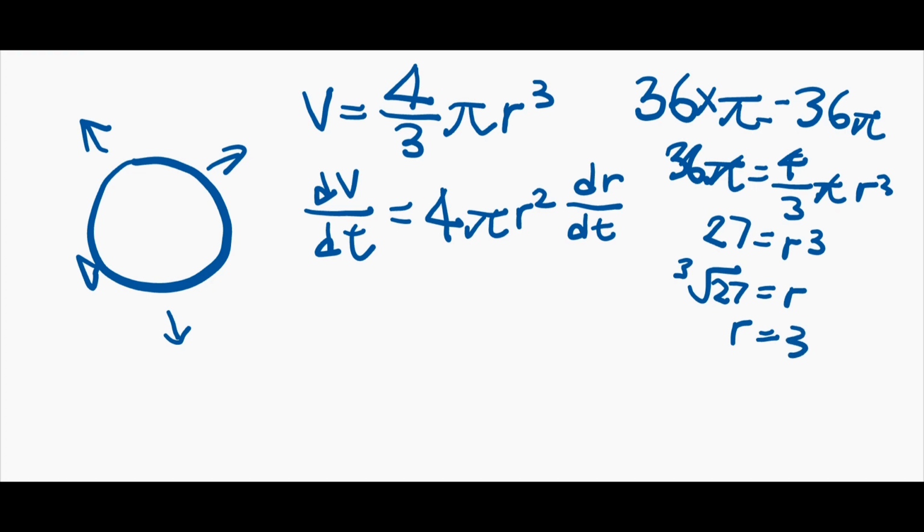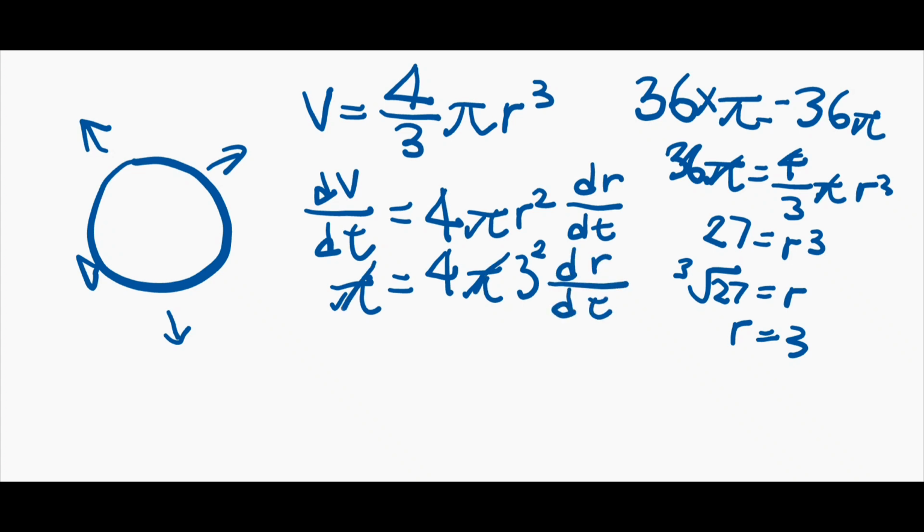So now we have dV over dt, that is pi, is equal to 4 pi, 3 squared is r squared, and we want to figure out dr over dt. So we have everything we need.